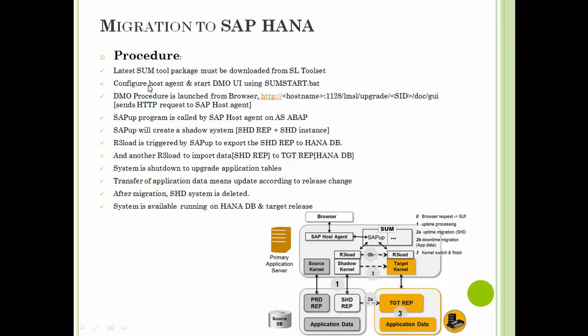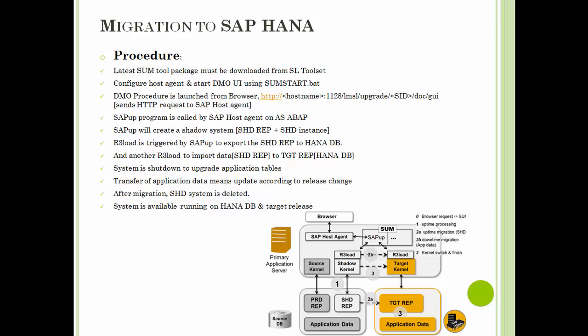So this prepares a file where the information of the host agent is maintained. And then we are good to launch the DMO procedure in the browser like this. We have to provide the host name, use the port 1128, provide the SID, and then launch it in the browser. But make sure the latest version of the browser is used.